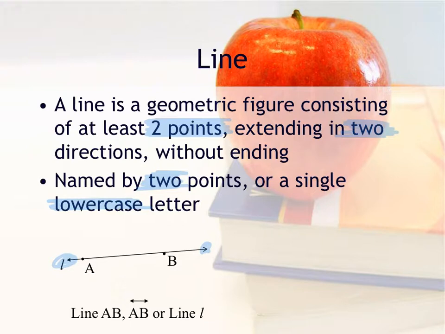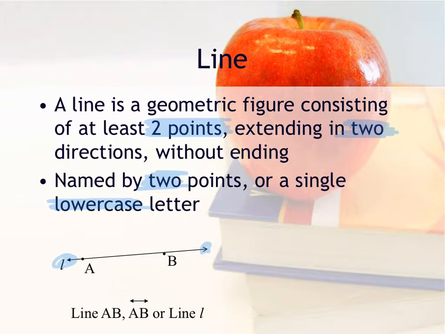What the arrows indicate is that the line extends forever. It never ends. You will always name it with either 2 capital letters, or you can name it with a lowercase letter. Generally that lowercase will be in italics print, like in cursive writing. So this is another way to name a line.